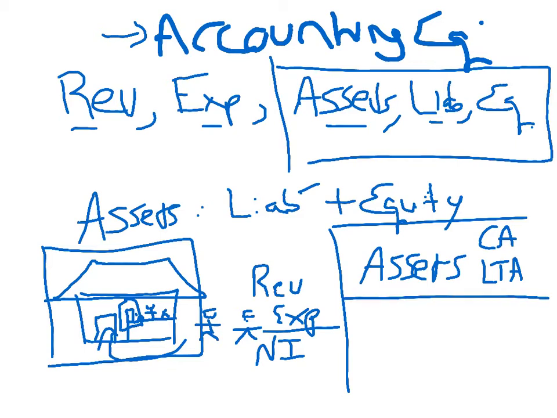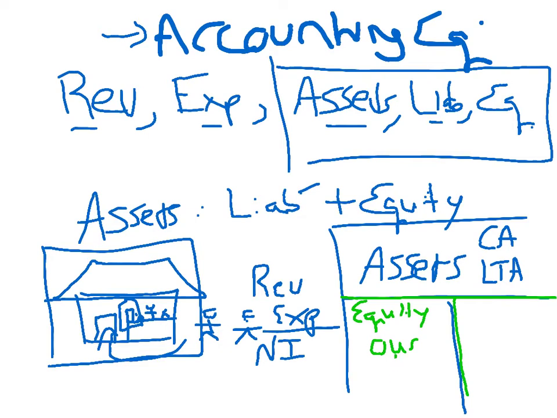Now, the other side of the equation is, how do we finance it? Where does that money come from? Let's draw this section in green. It comes from 2 places. It either comes from you and me, if we start up a company together, and that's where we put our equity in. That is our money.